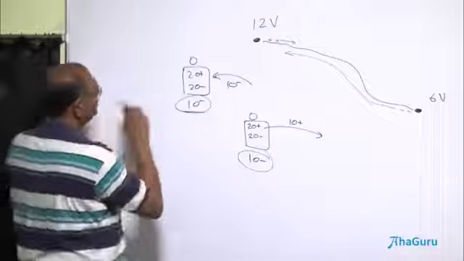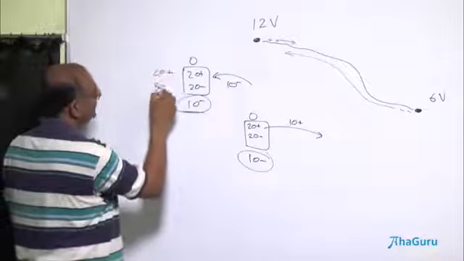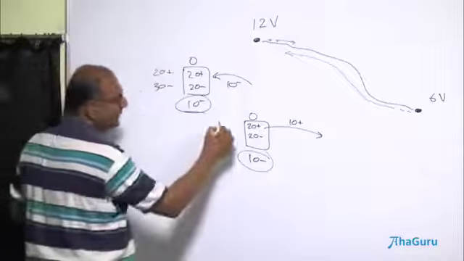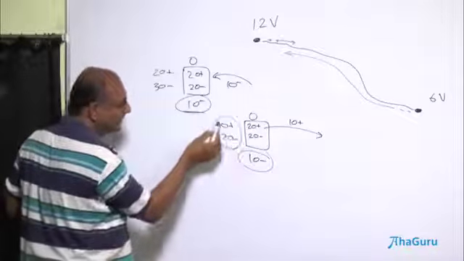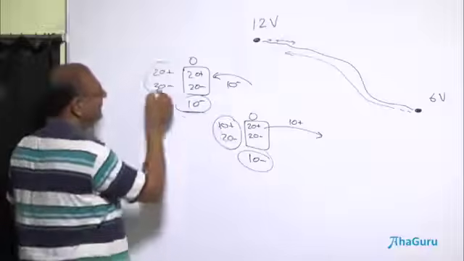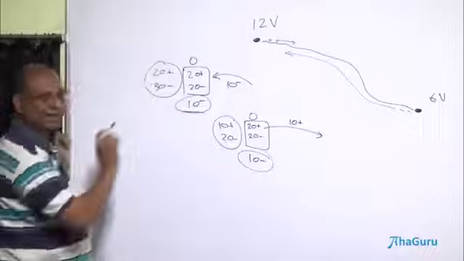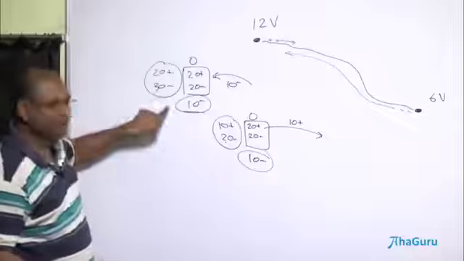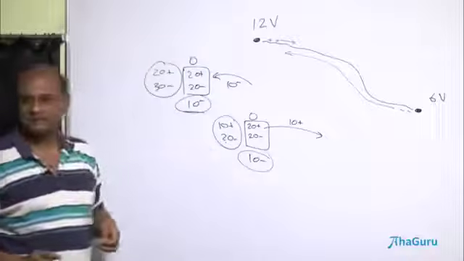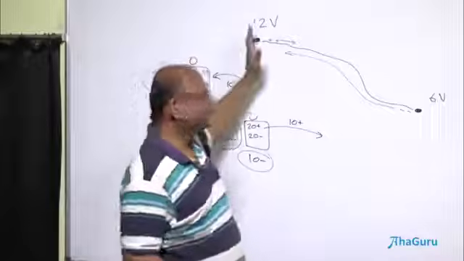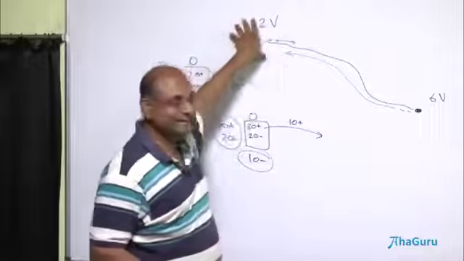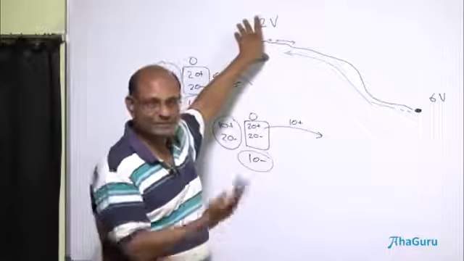This is going to happen this way, it's going to be 20 plus 30 minus. This is going to happen, 10 plus 20 minus, but we don't care about that difference. We care about the fact that overall it is 10 minus and overall this is 10 minus. So we only care about the fact that the net excess charge is either plus or minus.